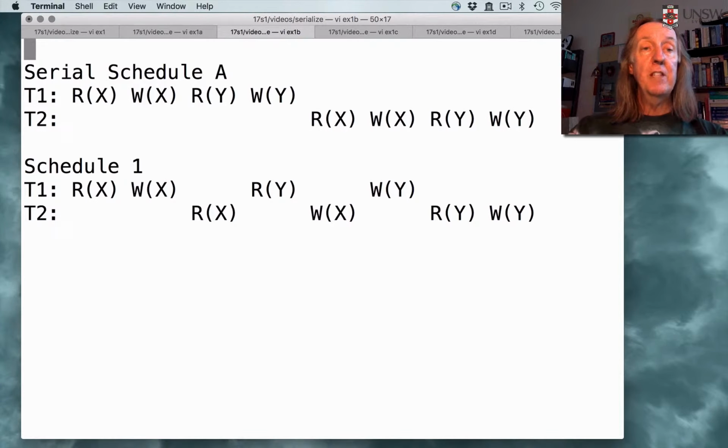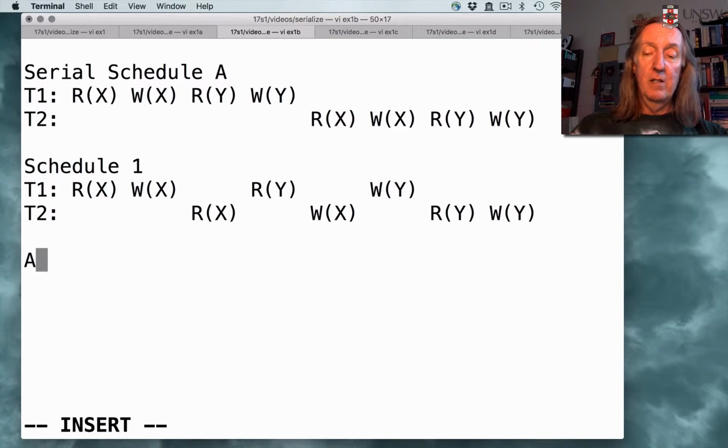Now we need to check the view equivalence of serial schedule A against schedule 1. Looking at schedule A and considering first the variable X, the first reading of X in this schedule is by T1.